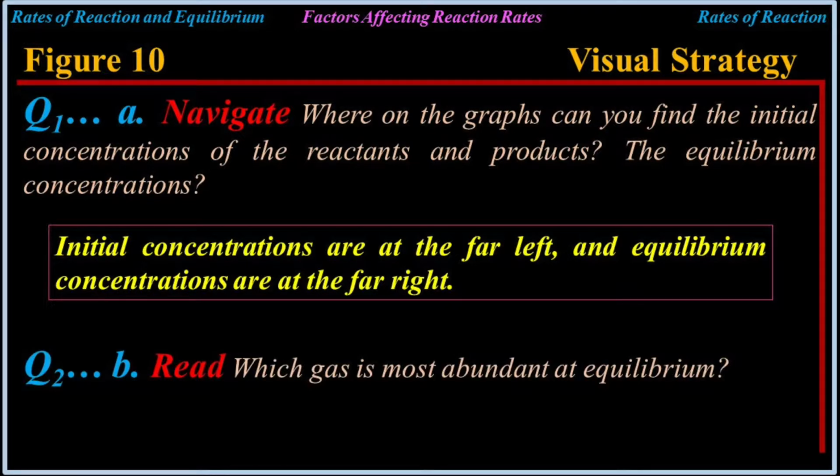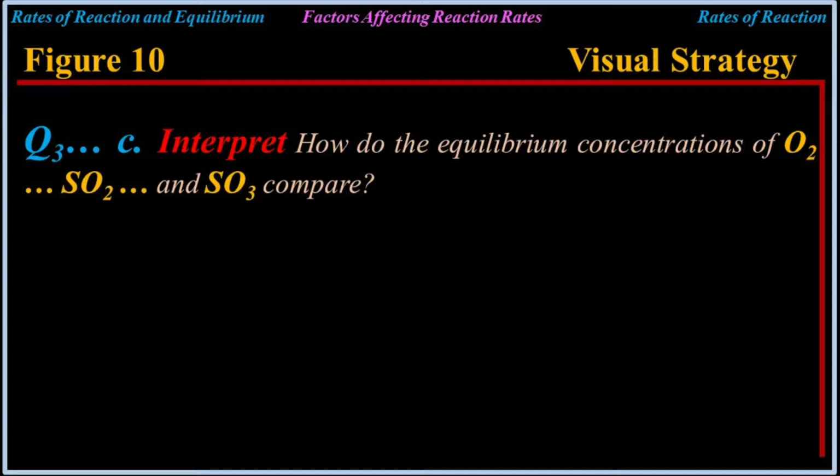Read. Which gas is most abundant at equilibrium? Sulfur trioxide is most abundant at equilibrium. Interpret how do the equilibrium concentrations of oxygen, sulfur dioxide, and sulfur trioxide compare?